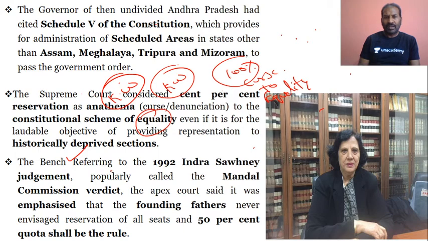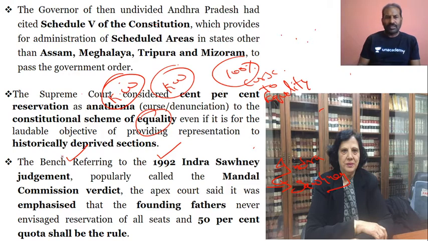It has quashed the Andhra Pradesh order of 100% because of referring back to the 1992 Indra Sawhney versus Union of India case, or judgment of 1992. This respected person is Indra Sawhney.